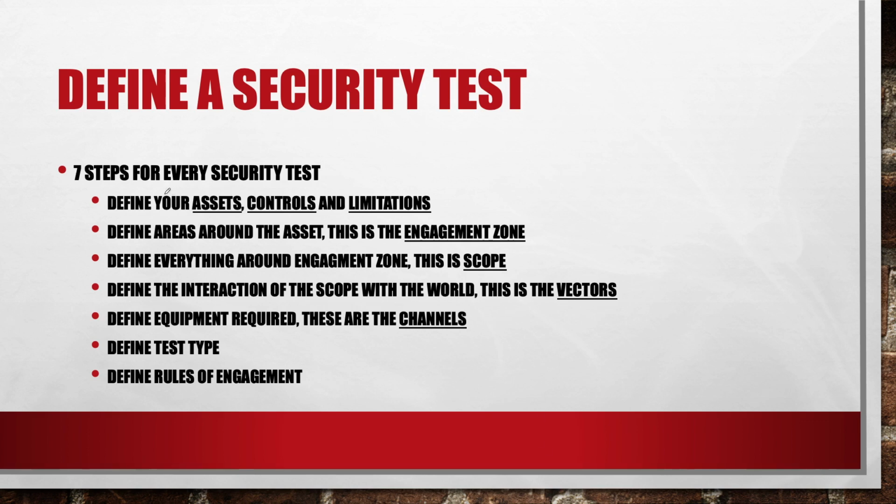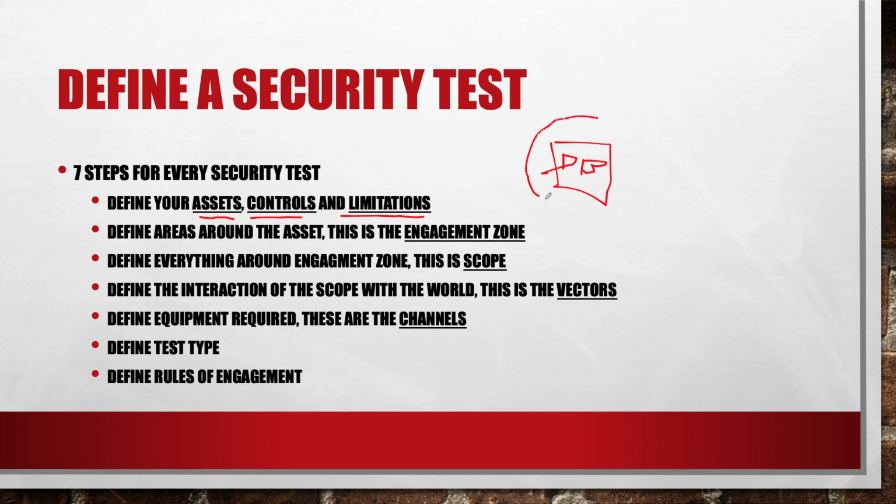We want to, first of all, define every asset that we have, the control and the limitation per asset. Then we want to define the areas around the asset, being our engagement zone. We want to define everything around our engagement zone as well. That will be our scope. So we have our asset right here.